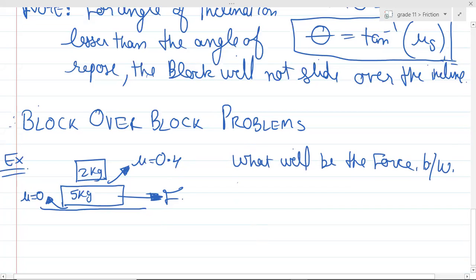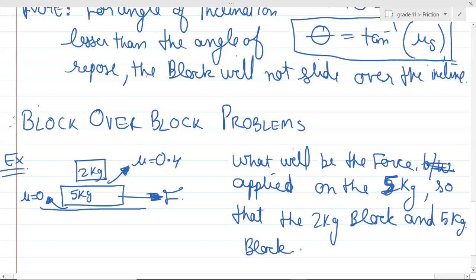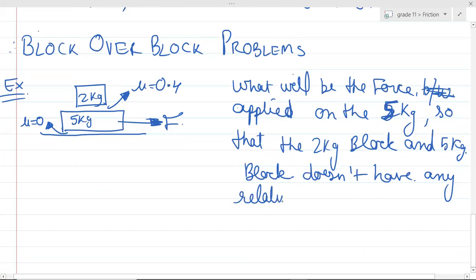What will be the force applied on the 5 kg block so that the 2 kg block and 5 kg block don't have any relative motion between them?